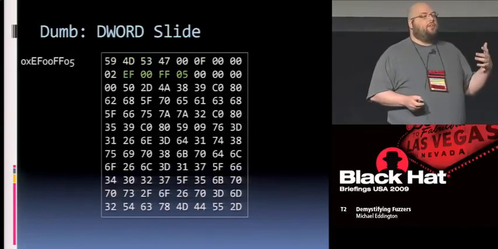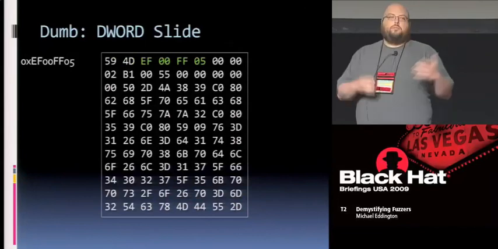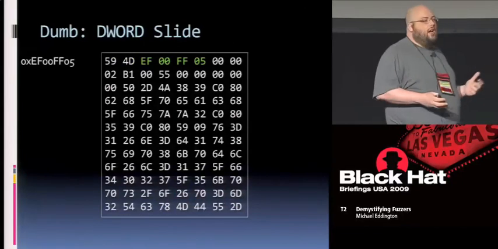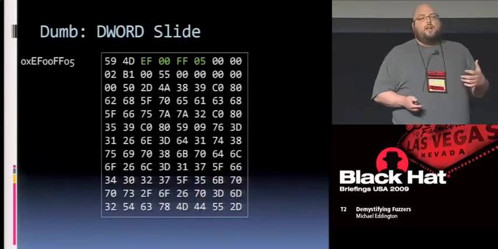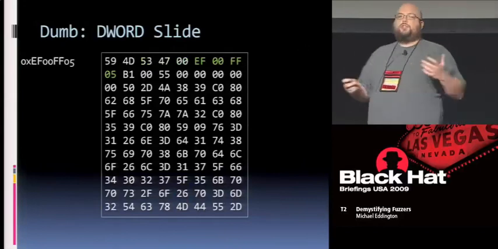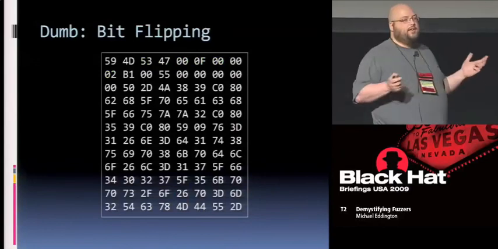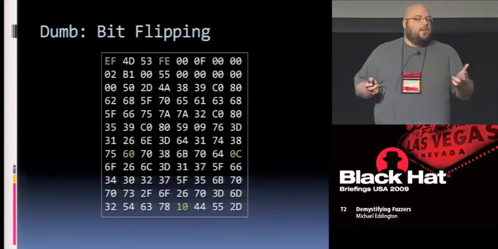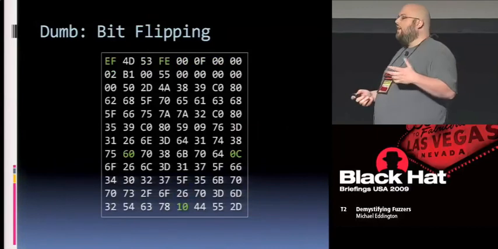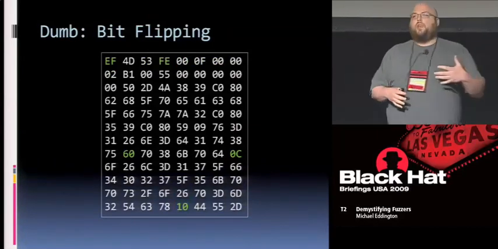As we slide it across, we change the value of numbers, strings, enums, whatever it might be, and hopefully cause different paths in the code to be executed and trigger some faults. Another fairly easy thing we can do is bit flipping. Pretty simplistic, once again. Our goal with bit flipping is to cause changes in the program that are hopefully exploitable.